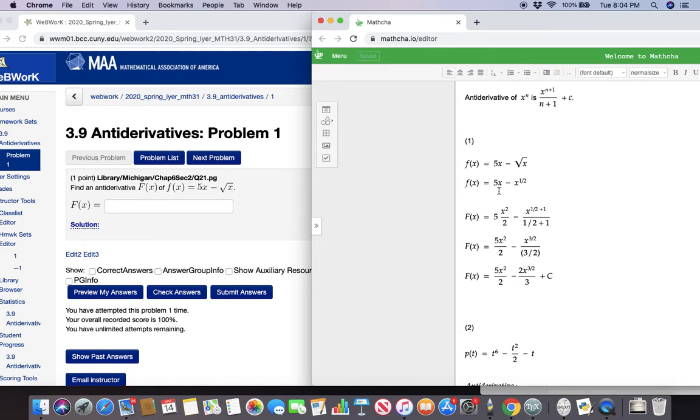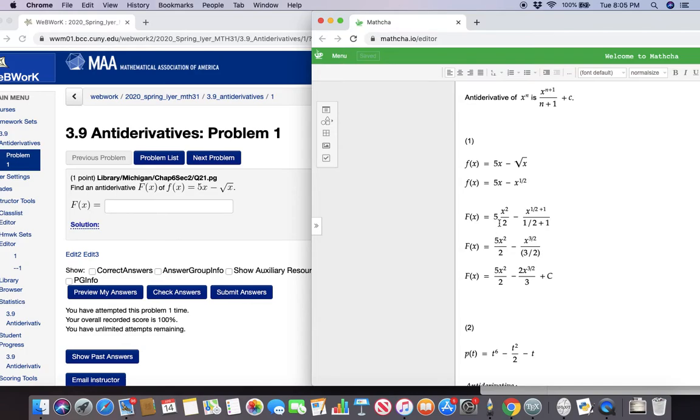So 5 comes down as it is. x becomes x squared, that is, the power increases by 1 and the new power goes down. Likewise, minus continues to be minus. x to the power half is increased by 1 and the new power goes down, half plus 1. Half plus 1 is 3 halves. So x to the power 3 halves over 3 halves.